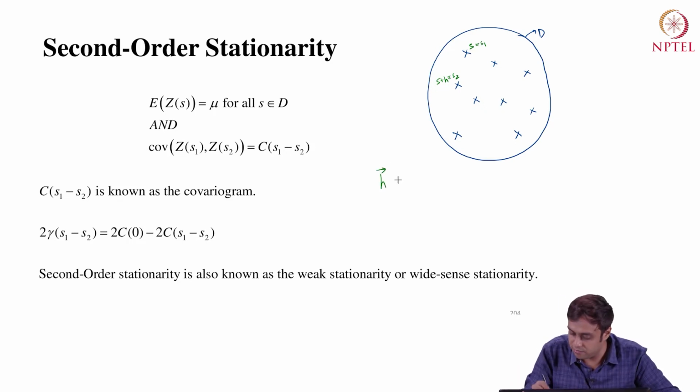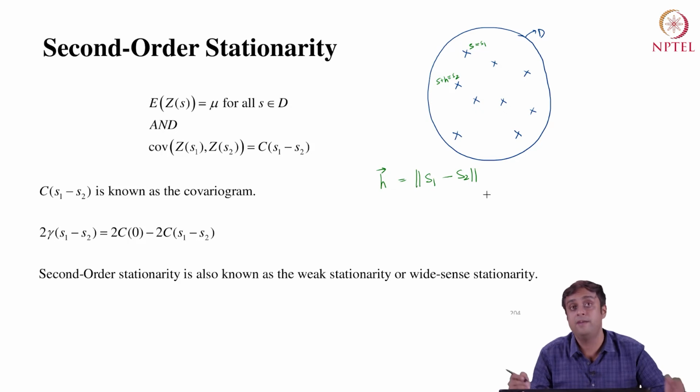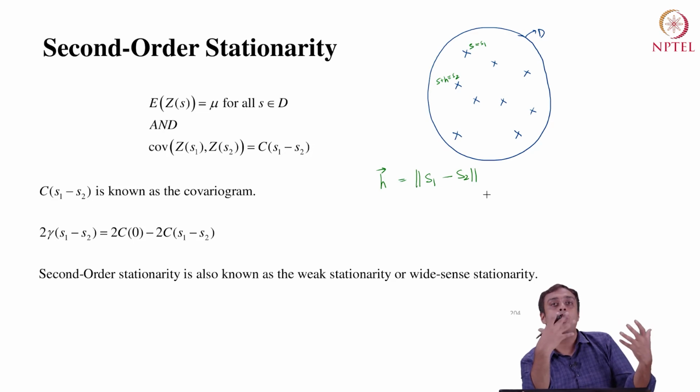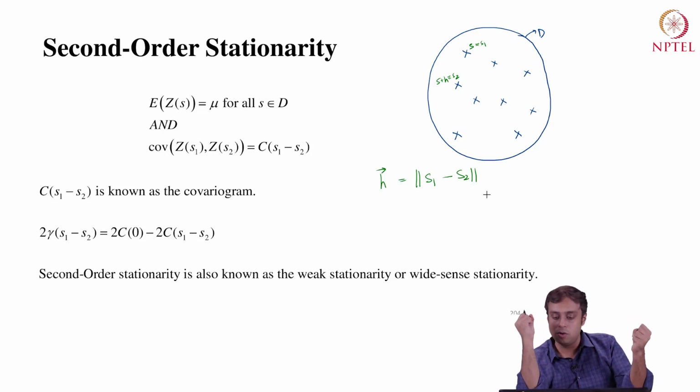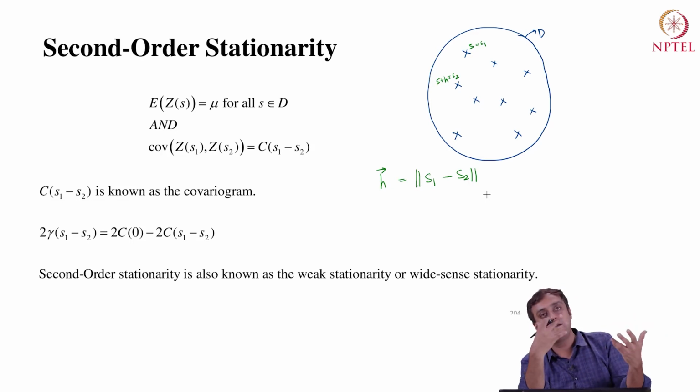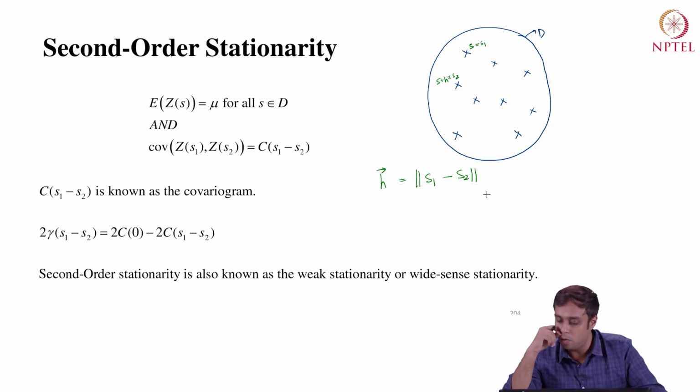h by itself is a vector, it is the difference between s1 and s2. Remember, what I am writing is a L2 norm, and we have seen in the earlier half of this course that this norm, that is the distance between locations s1 and s2, can be measured as Euclidean distance, as Manhattan distance, as great arc distance, and so on and so forth. Okay.